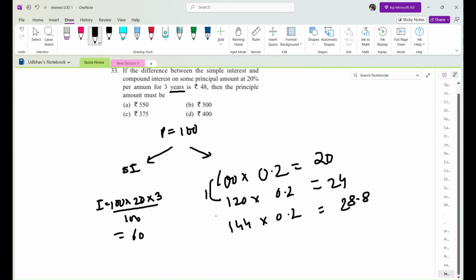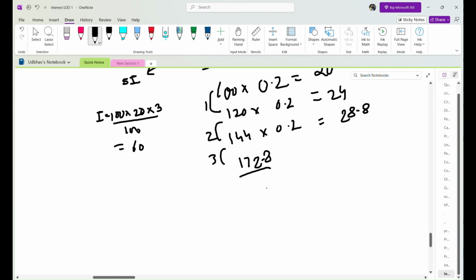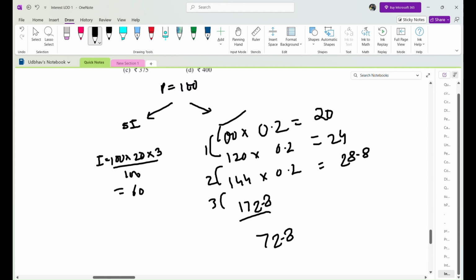So this is for the first year, this is for the second year, and this is for the third year. What is the amount we got? 172.8. This is the amount after the third year. So what is the interest? 72.8.